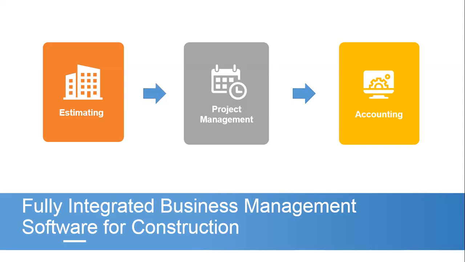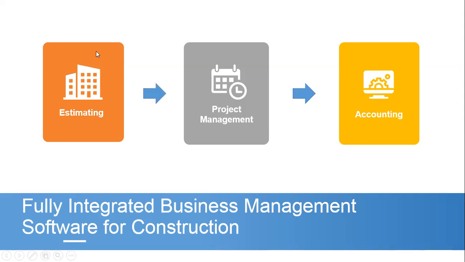Sage 100 Contractor and 300 Construction and Real Estate are both fully capable of handling these particular aspects within that Sage product umbrella, but also if you have other products that you're currently using, we definitely can provide a way of connecting those to the Sage 100 Contractor or 300 Construction Real Estate accounting system.